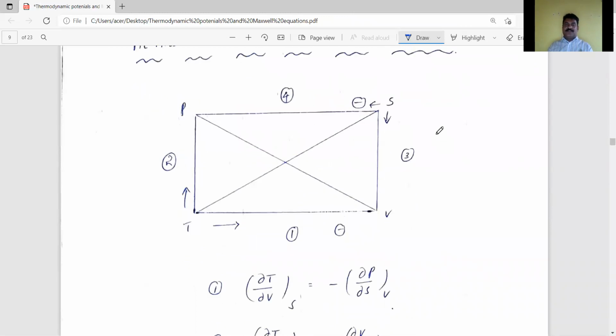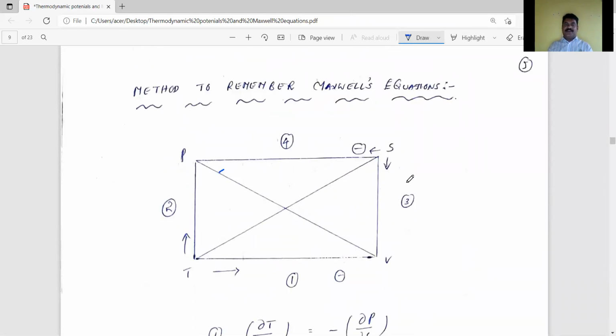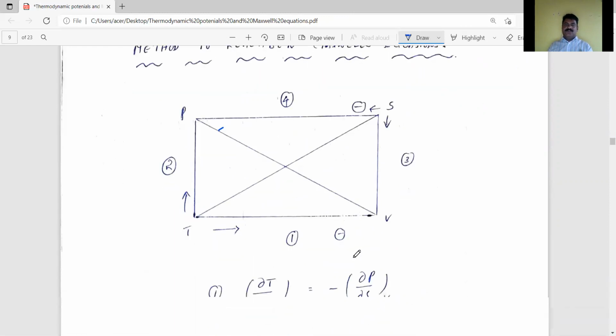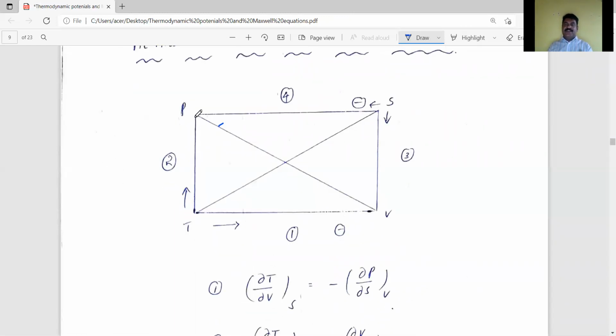For that, let us draw a rectangle like this. After that, draw the two diagonals like this. You should name every edge like this: P, S, T, V. Otherwise, remember that we have two graphs in the first chapter: the PV diagram and the TS diagram.